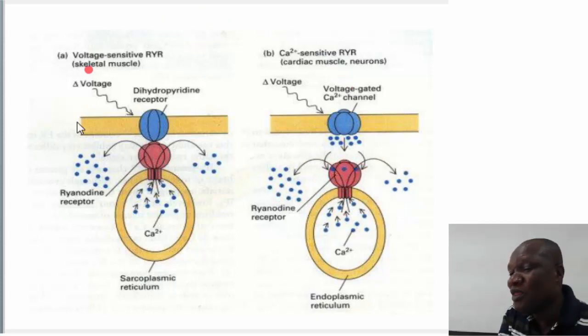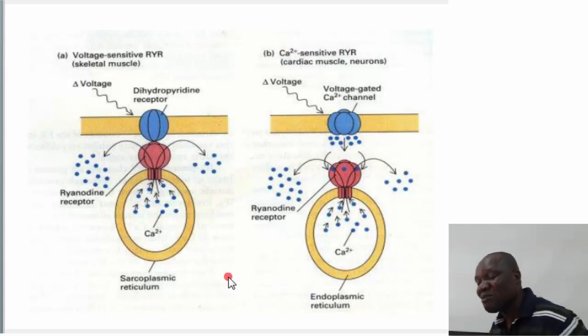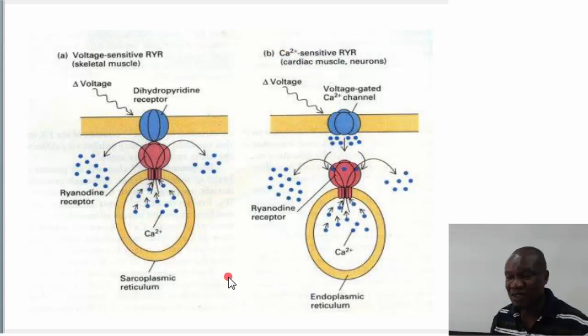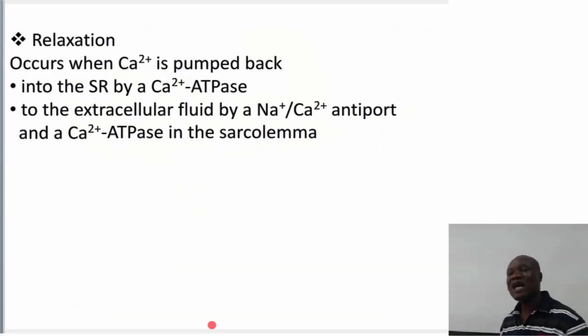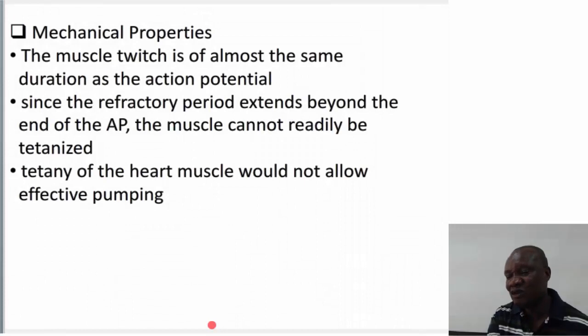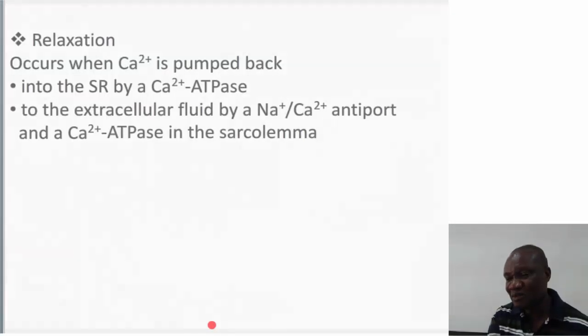Now, apart from these excitation contraction coupling differences, contraction in both skeletal and cardiac muscle are the same. Now, relaxation in the cardiac muscle is similar to that of skeletal muscle.